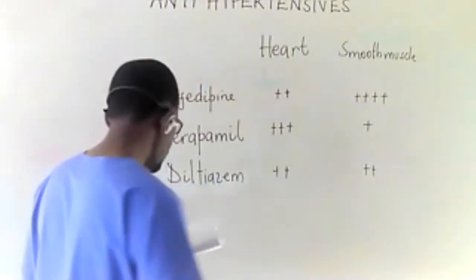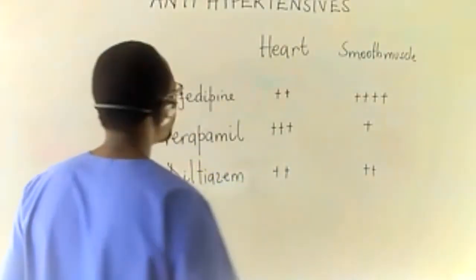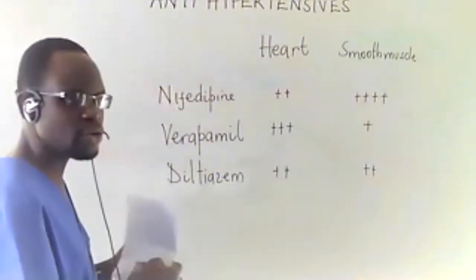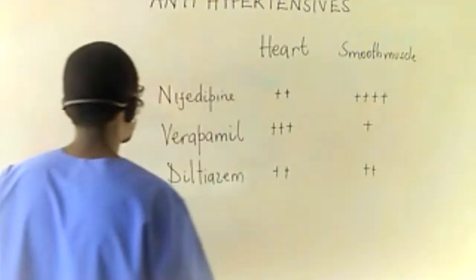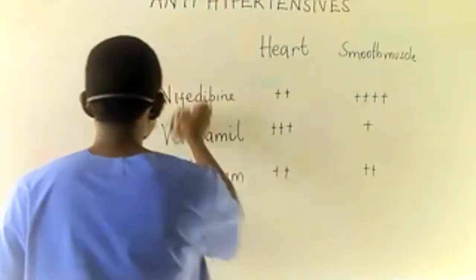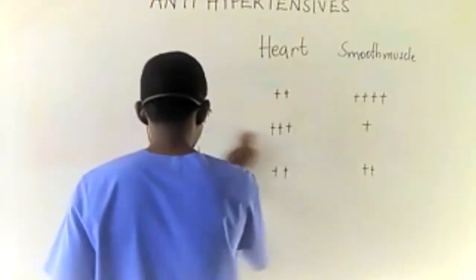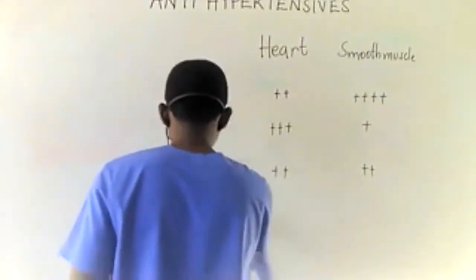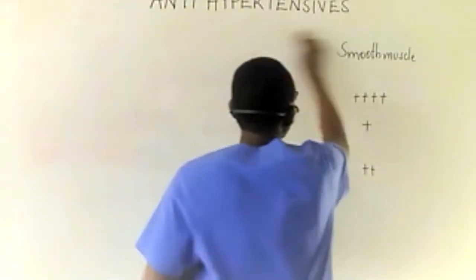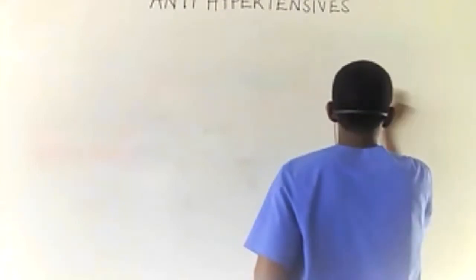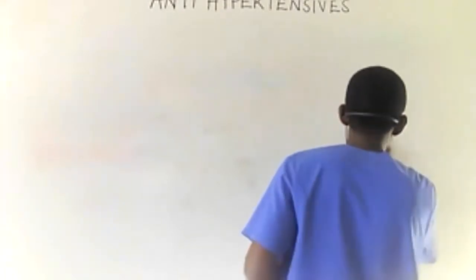So the other category of antihypertensive drugs we want to look at here are what we call the angiotensin converting enzyme inhibitors. I think you've heard about the prils, captopril, lisinopril.